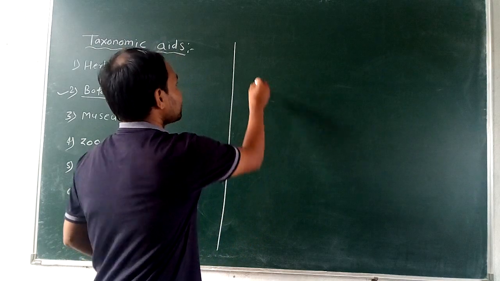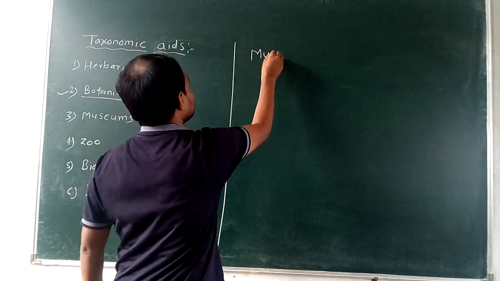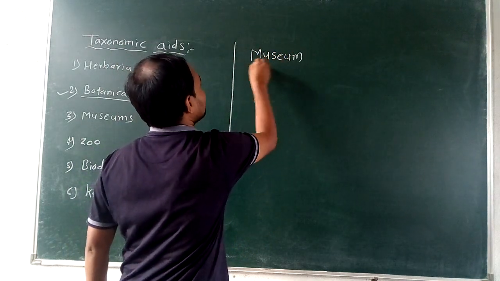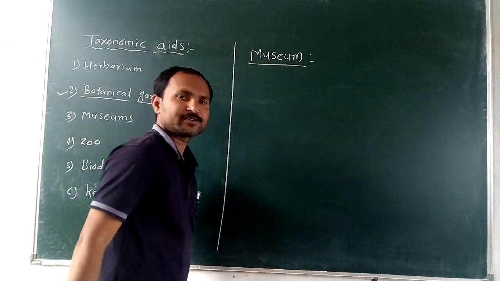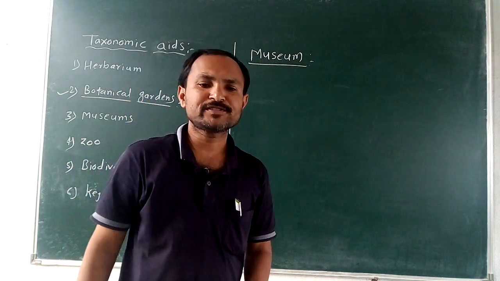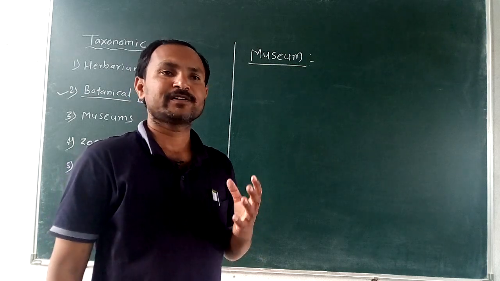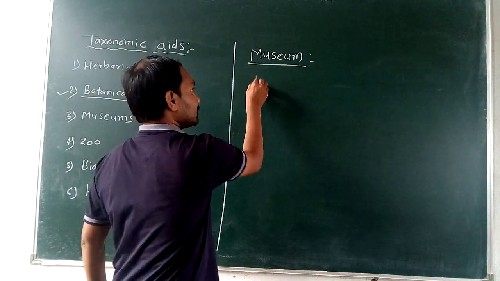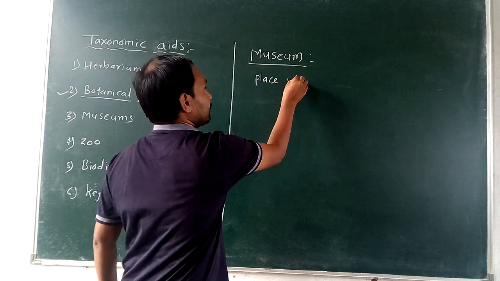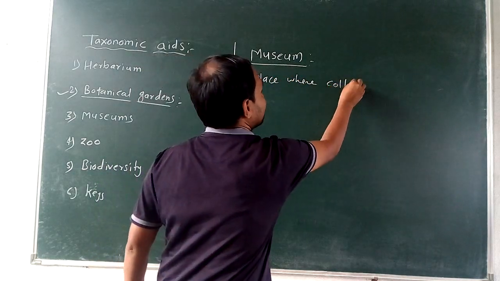The next one is the museum. Museum is also one of the tools to study the diversity of plants and animals. Then what is the museum? Here again is the definition of museum: place where collection of preserved plant and animal specimens are kept.